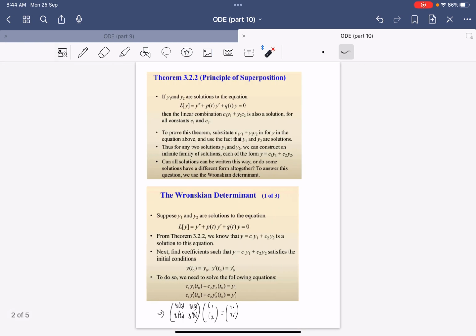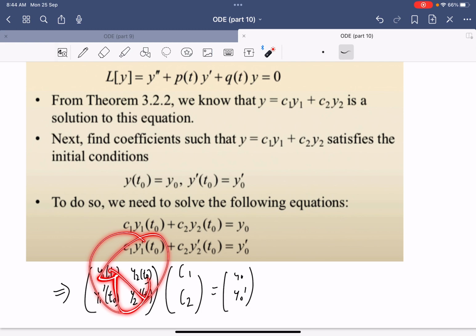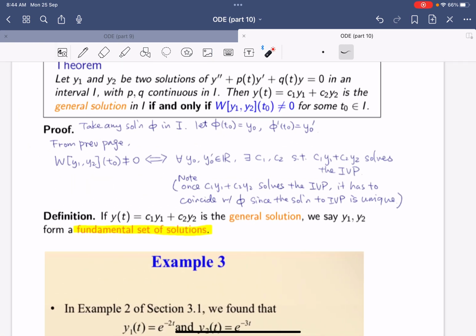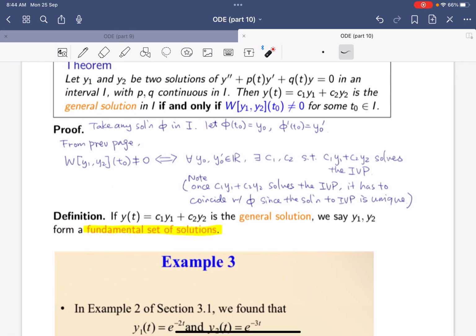If the determinant here is non-zero, its inverse exists, and you can just multiply the inverse on both sides to get c1 and c2. Since c1 and c2 solve the IVP, it has to be the unique solution.